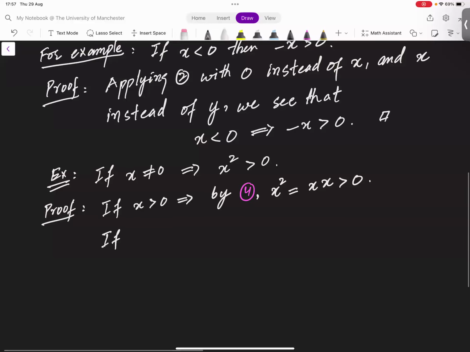If x is less than 0, then minus x is greater than 0 by the above example.